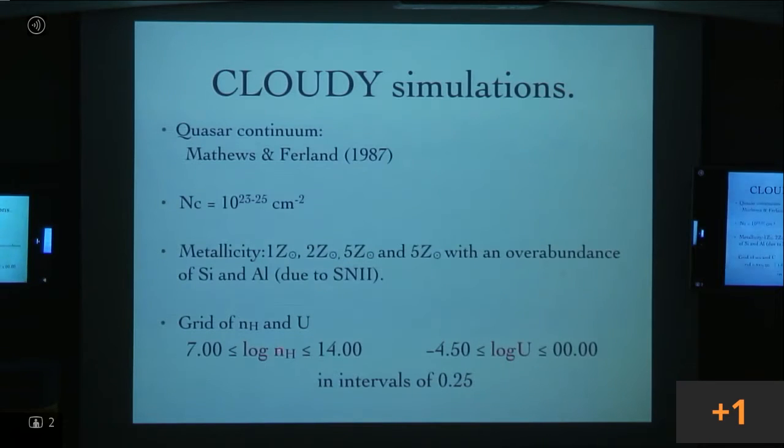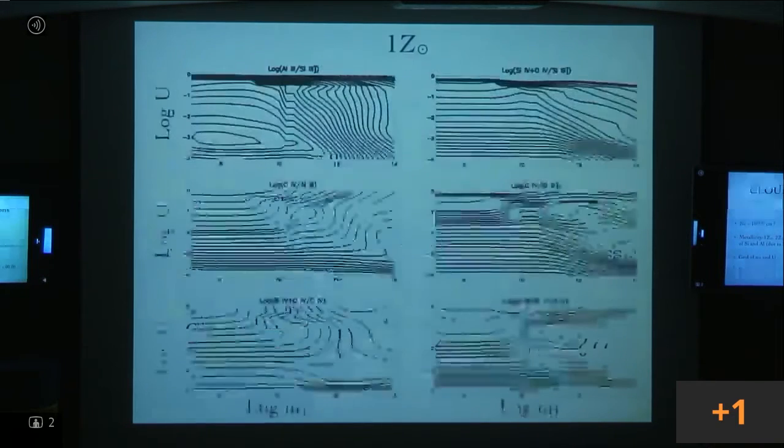And we did a grid of the density and ionization parameter in this area in intervals of 0.25. And the results are the following.